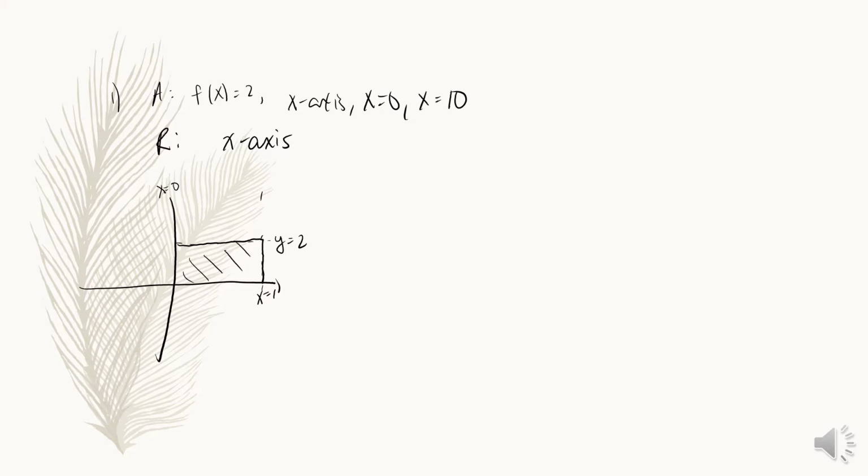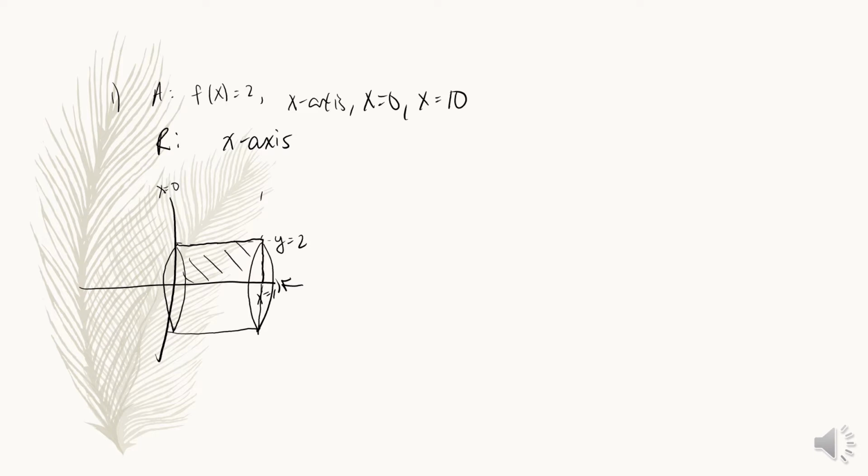So there's my area. Next, what I want to do is now imagine rotating this about the x-axis. So here's your x-axis. I'm going to take this, mirror it across the x-axis, and then connect all the edges. So here's my picture. It's just a can that's been put on its side.